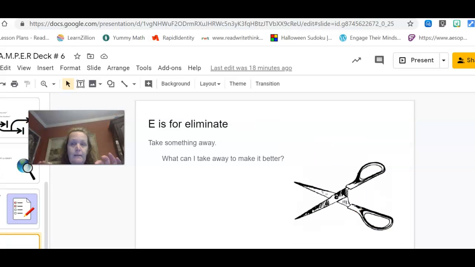E is for eliminate. Take something away that's not working. For example, if you take a drawing and you're drawing something and it looks too crowded, well, what could you take away to make it look better? So E is for eliminate.